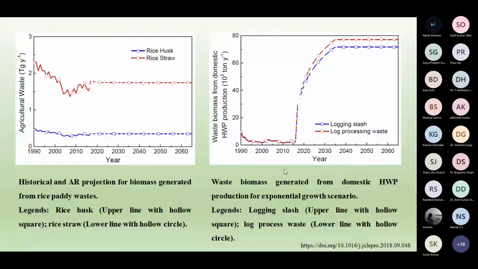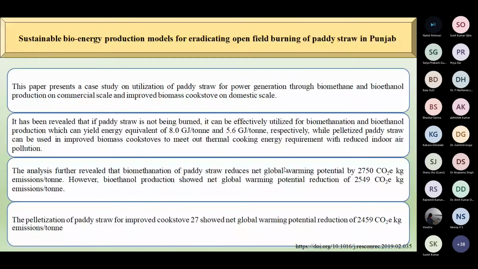This is the study of the sustainable bioenergy production model for eradicating open field burning of paddy straw in Punjab. It has been seen that paddy straw need not be burned. It can be effectively utilized for biomethanation and bioethanol, and it can give you 8 gigajoule per ton of biomethane if treated, and 5.6 gigajoule per ton of bioethanol.